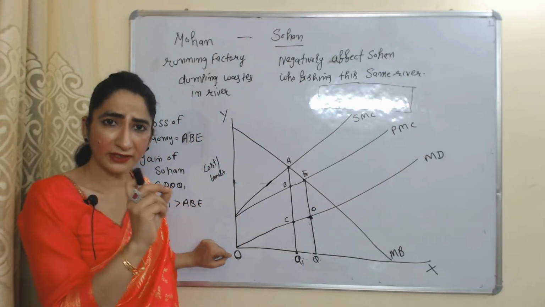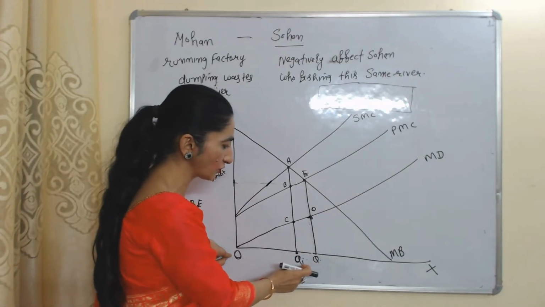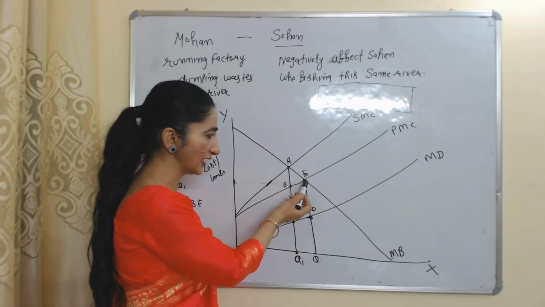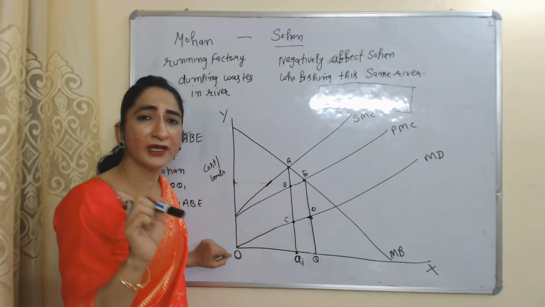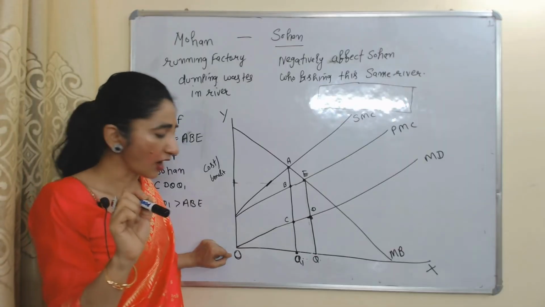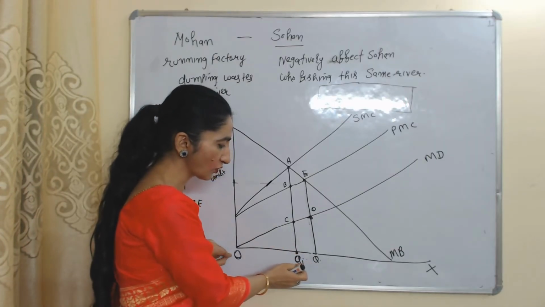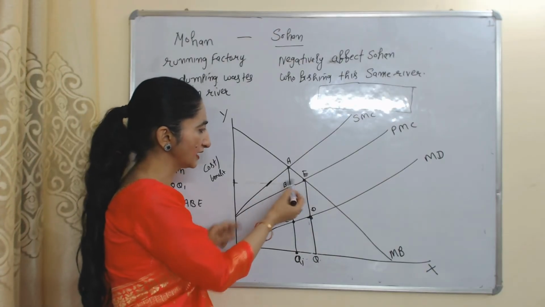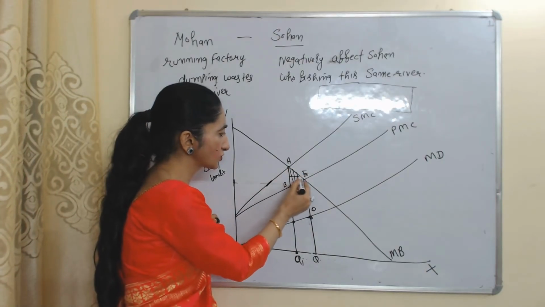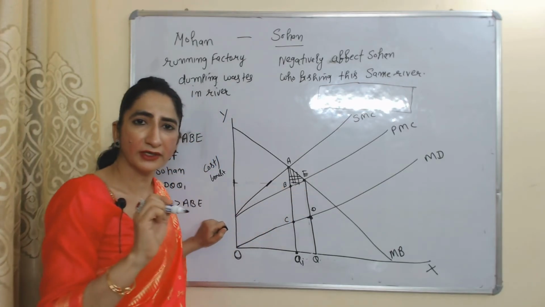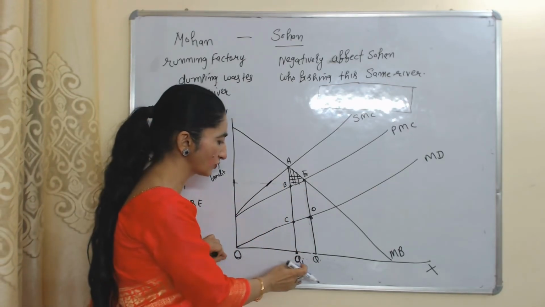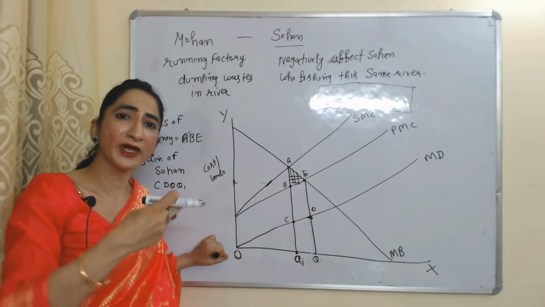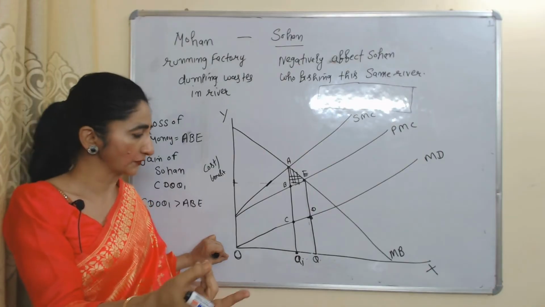When Mohan will reduce his output from OQ to OQ1, he will bear a loss equal to ABE. Please listen carefully. This part will be called loss of Mohan when Mohan reduces his output from OQ to OQ1. Now we will see the gain of Sohan when Mohan reduces his output.